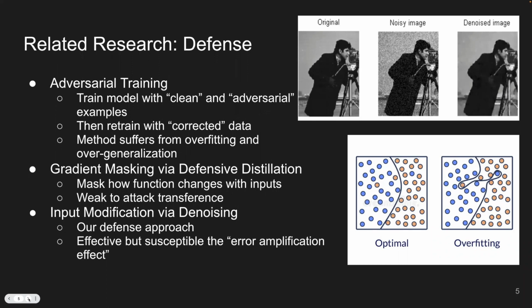Next, gradient masking is a method of obfuscating the gradient of a model. The gradient describes how the output of the detection function changes as its input parameters change. In 2015, researchers believed that defensive distillation would be an effective defense against adversarial inputs. This technique involves training one model on the output generated by another model, which is considered more resilient to attacks than the original data.